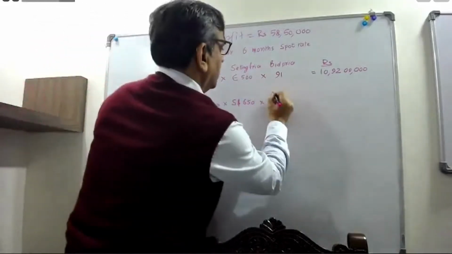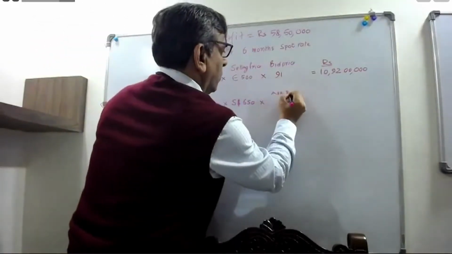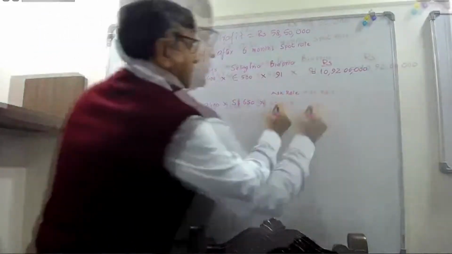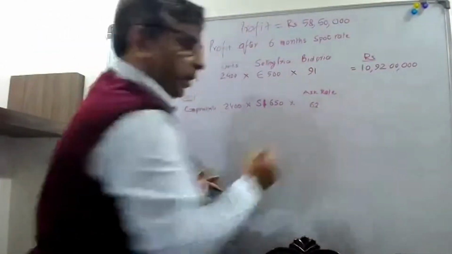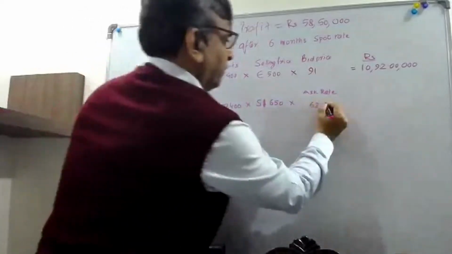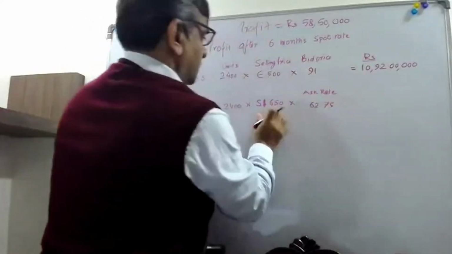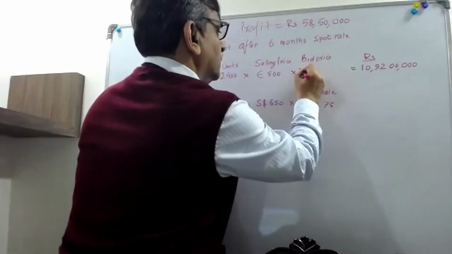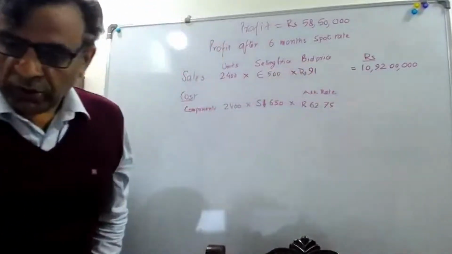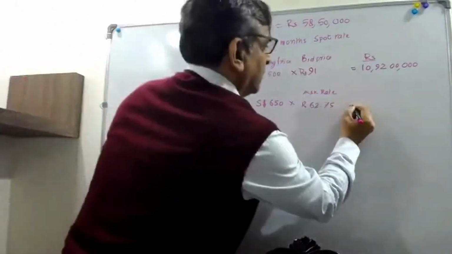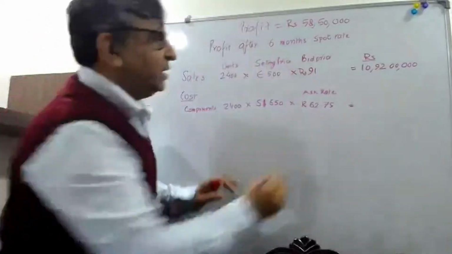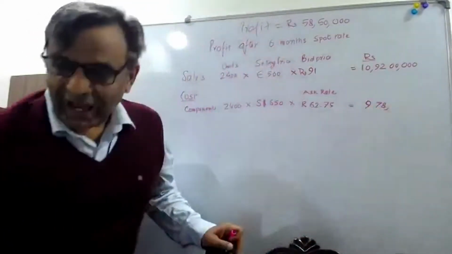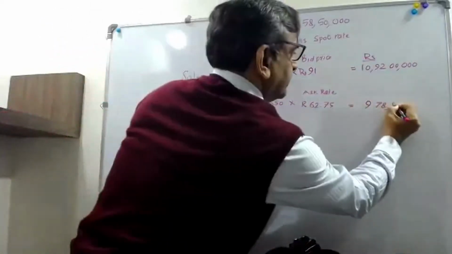Here we are going to take the ask rate, which is 62.75. So 1 Singapore dollar is equal to rupees 62.75, and here also it was rupees. If we multiply this, we get the total cost as 9 crore 78 lakhs 90,000.